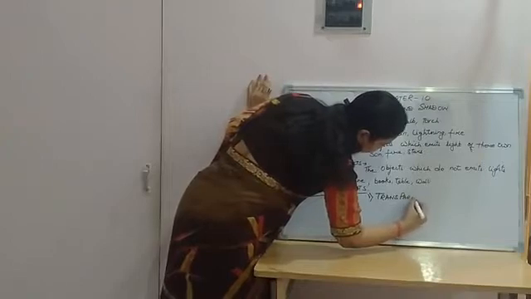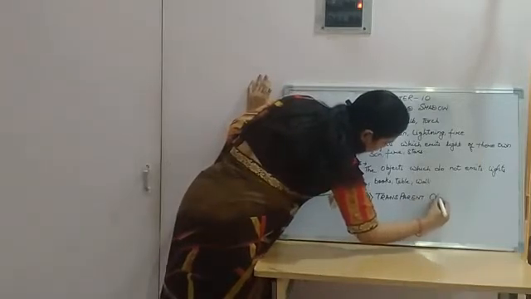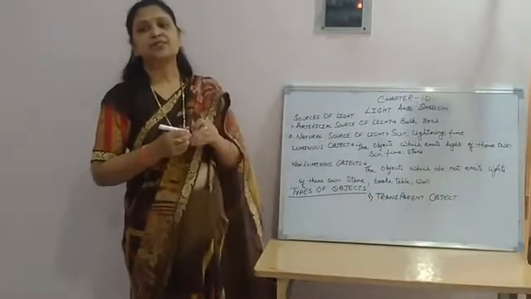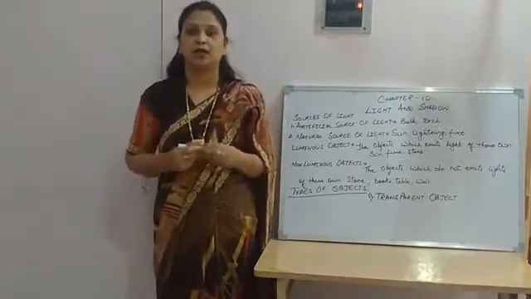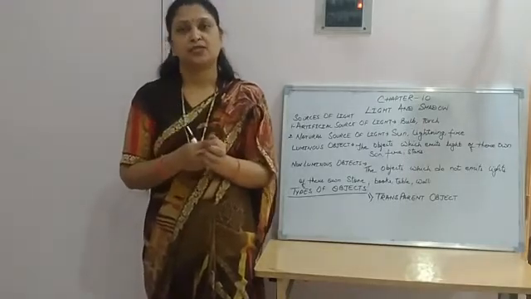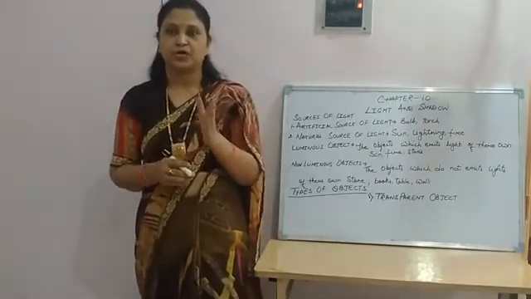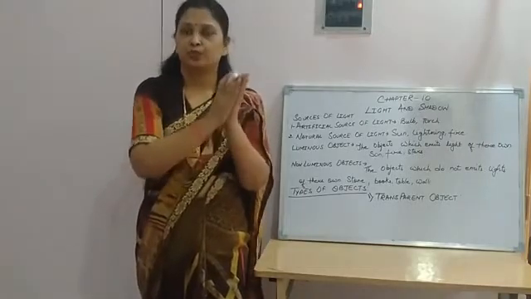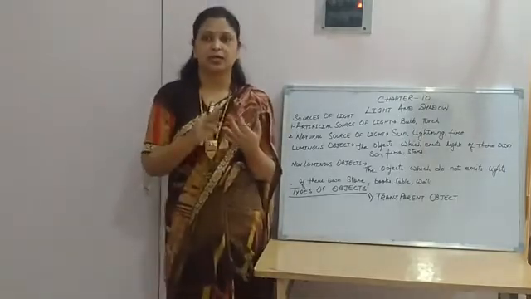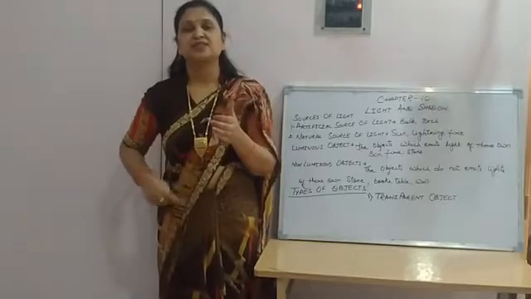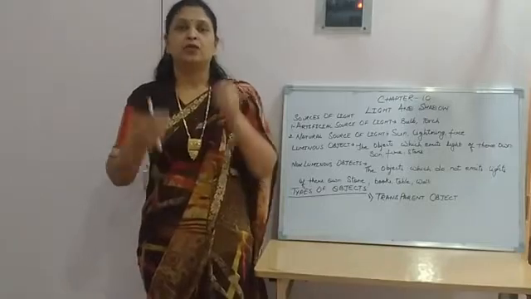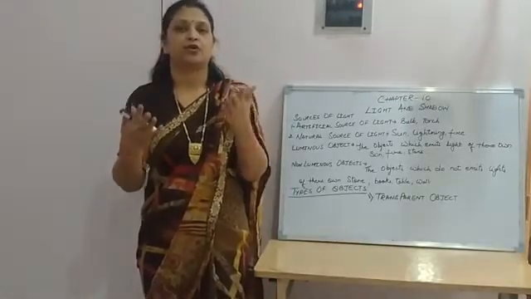Transparent objects are objects that allow light to pass through them. Examples are clear water, clear glass. These are the best examples of transparent objects. Transparent polythenes are there by which you can see the other side of it.